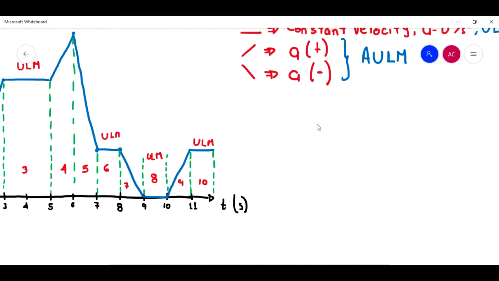So there are several things that I'm going to find in this graph. For example, I'm going to find the acceleration in each one of the segments.